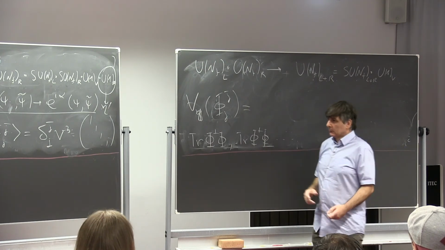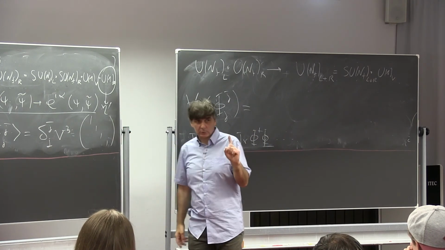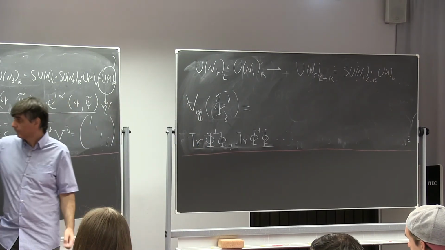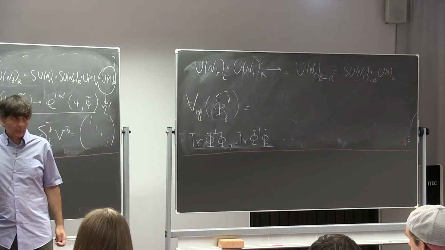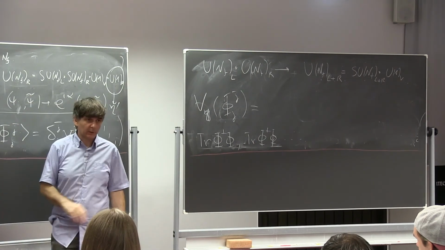Now, the eta prime is a Goldstone boson that corresponds to a transformation of the phase, a uniform transformation of the phase of all the components.